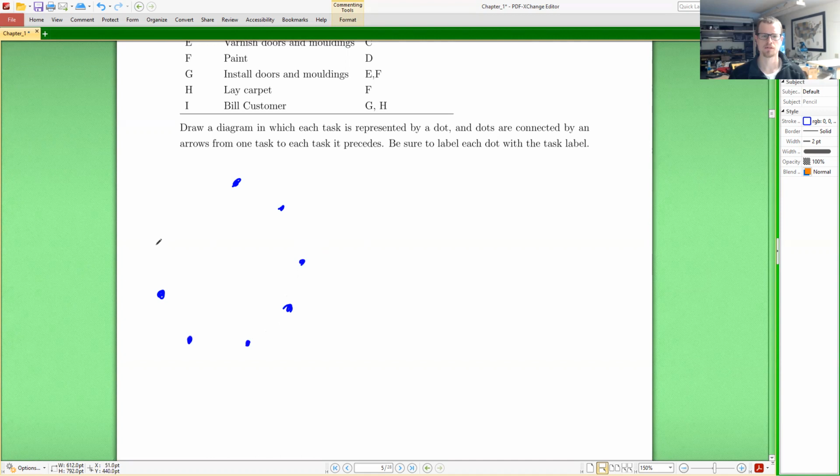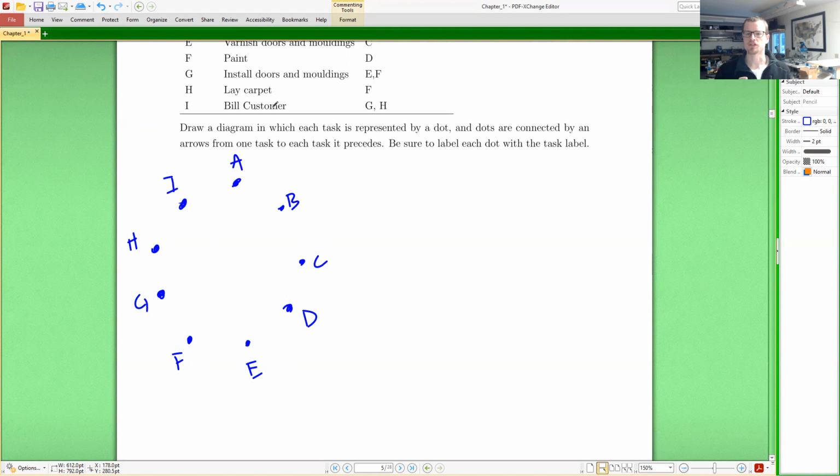There we go. So this gives us 9 dots, A, B, C, D, E, F, G, H, and I. Those are our 9 tasks that we have to complete.